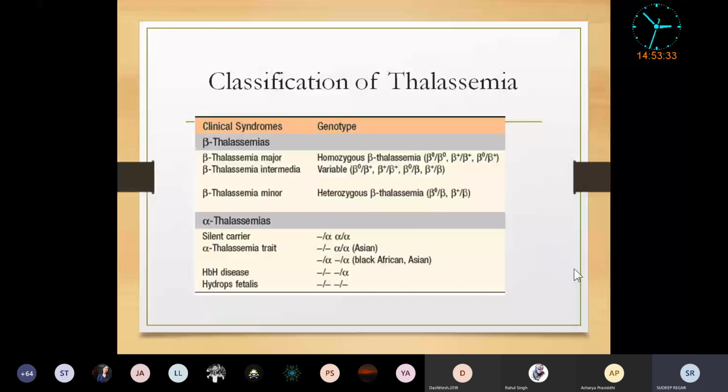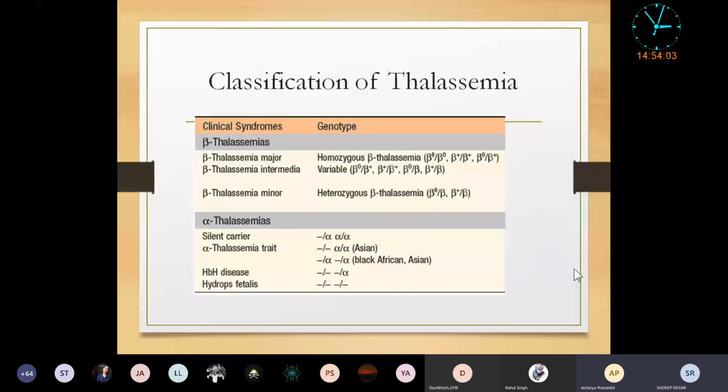So the gene which encodes this globin, what are the genes that encode globin? So alpha and beta. There will be 2 genes for the alpha and 1 gene for the beta.